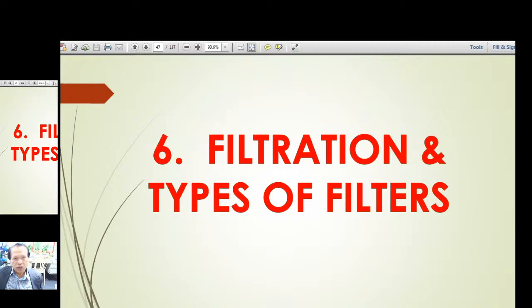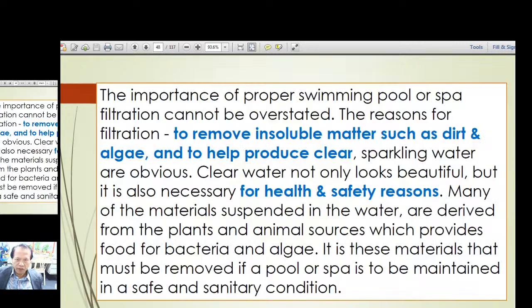Okay, so let's now go to number 6, filtration and types of filters. The importance of proper swimming pool or spa filtration cannot be overstated. The reasons for filtration, to remove the insoluble matter such as dirt and algae, and to help produce clear, sparkling water, are obvious.